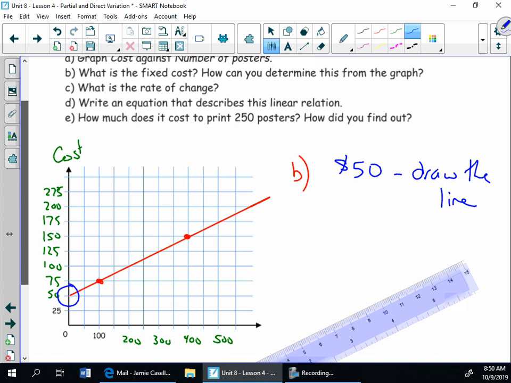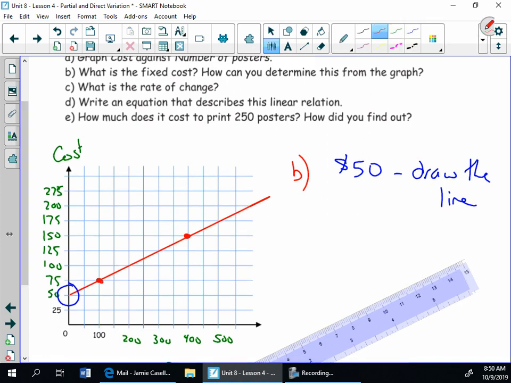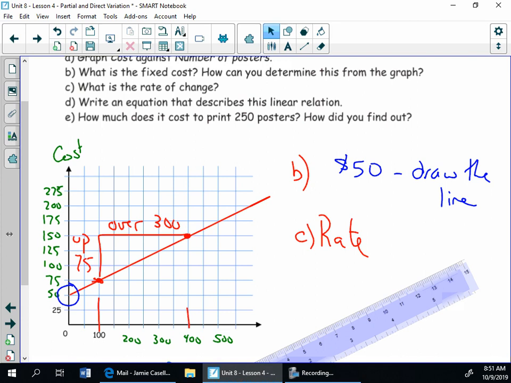All right, part C. What is the rate of change? Well, we now do rates. We use our triangle method. So we're going to go up and over. How much did we go up? We went from 75 up to 150. How much did we go over? We went from 100, that's this number, over to 400. So it's 300. Put that stuff in here.